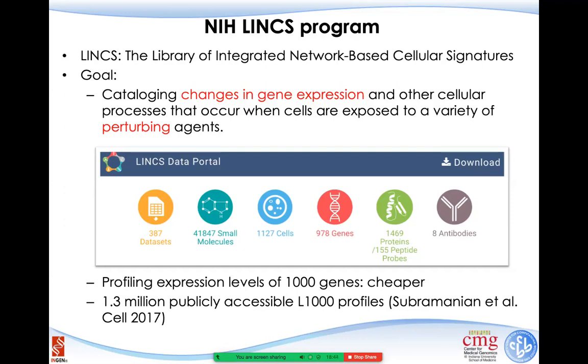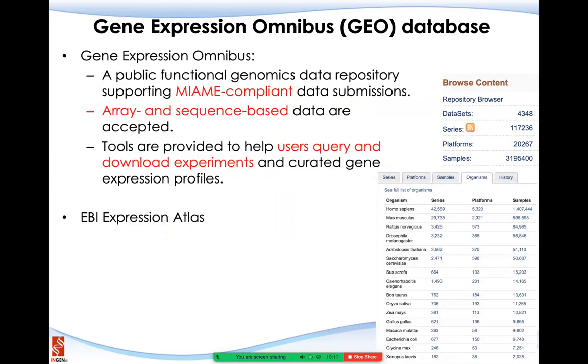Eventually, they only measured 1,000 genes for every single cell line in every single condition, which makes it very cheap, but they can profile many different conditions. In this 2017 Cell paper, they published 1.3 million publicly accessible profiles. That is a huge amount of resources people can use.